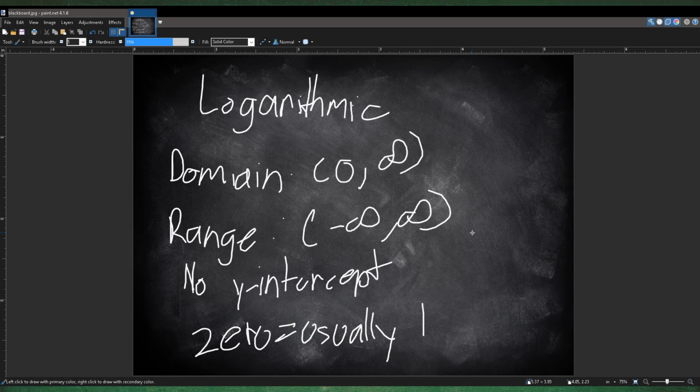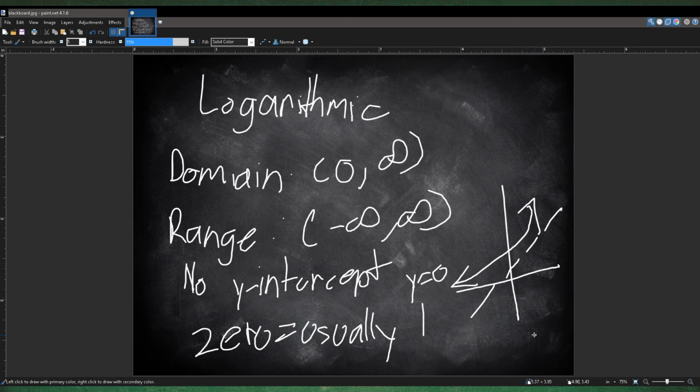And now asymptotes. Remember how an exponential has only a horizontal asymptote at y is equal to 0? So if you made a mirror and made an inverse that looks like this, sorry, it's a bad picture, the only asymptote is now reflected across to the y-axis. So the only asymptote is this line, the y-axis, and the y-axis is just x equals 0.